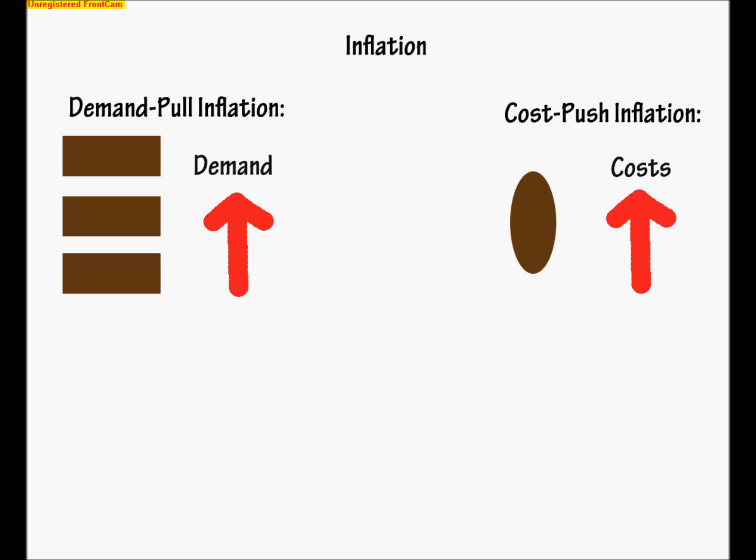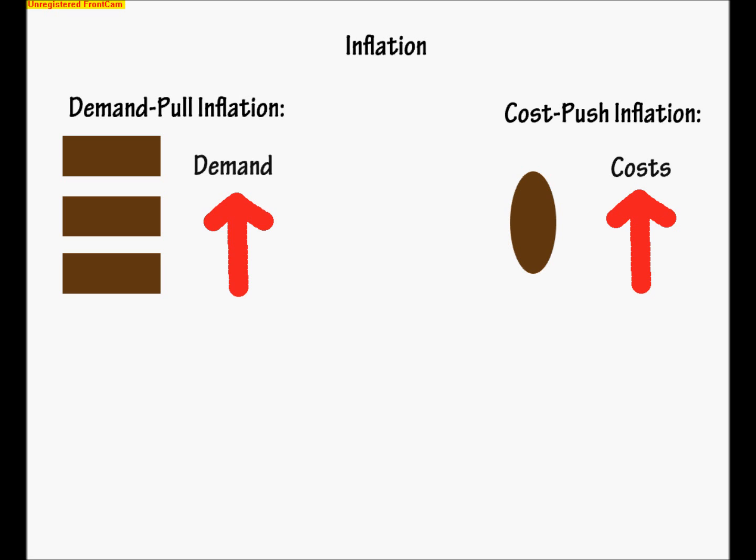Cost push inflation is special in the sense that it's self-limiting. The product now costs more, and there's not a coinciding increase in demand as there was in demand pull inflation, so the amount of supply will go down, the amount of demand will go down, and overall the amount of output in the economy will go down, and that's what we know as a recession.